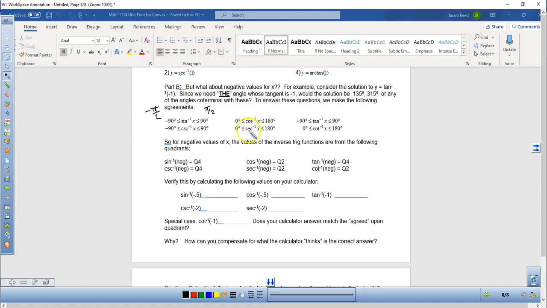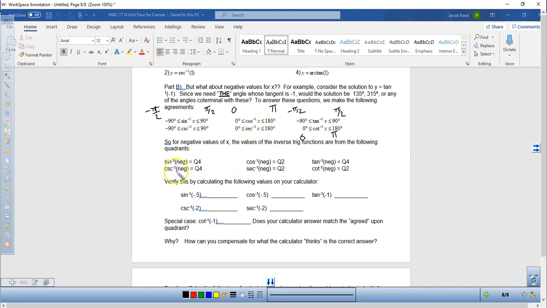If we're talking about cosine or secant, then it's going to be 0 to 180 or 0 to pi. If we talk about tangent, it's going to be between -90 and 90, so negative pi over 2 to pi over 2. And if we talk about cotangent, it's going to be 0 to 180 or 0 to pi.